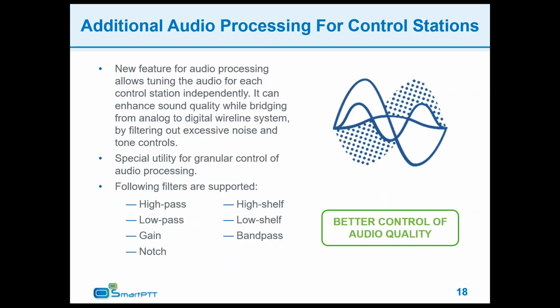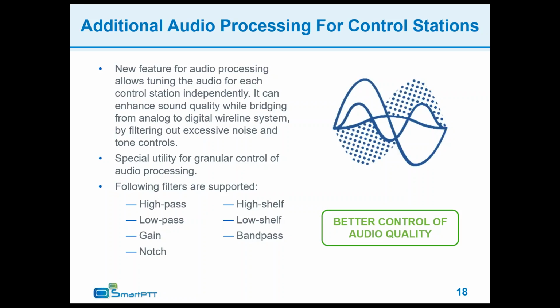We have added some additional processing for when you are using control stations. For example, if you were bridging an LTR system into an LCP system, you might find that there might be bleed through of trunking tones or some other tones into the audio from the control station.